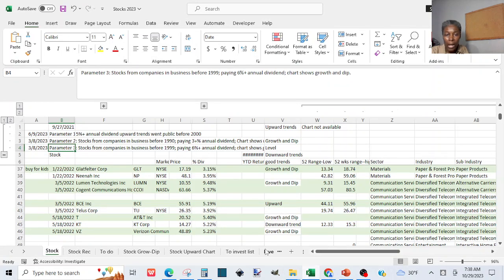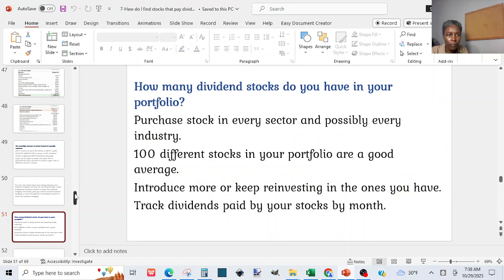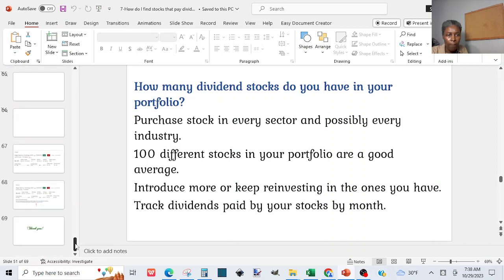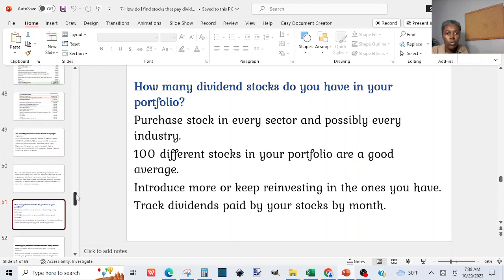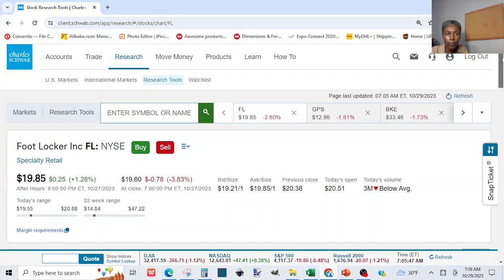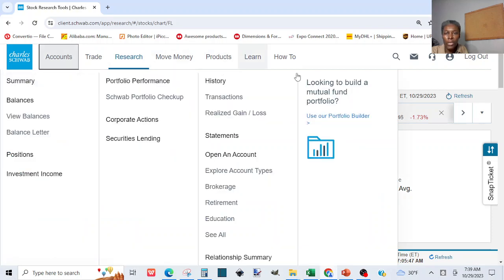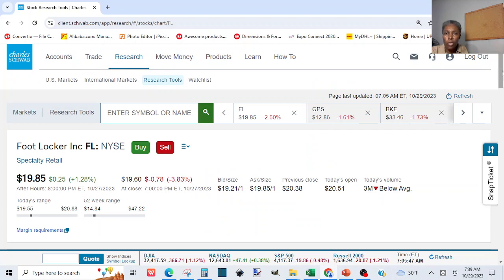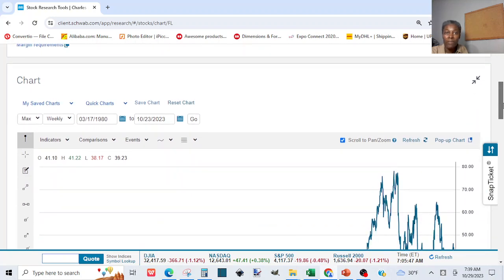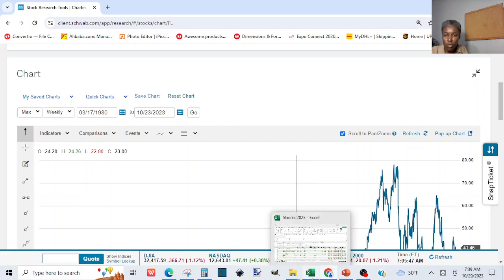So the way I like to do that is, when you go to your account, under account, when you click on summary, it will take you to your main page, and you will select the account that you are trying to create that dividend income in, and you can just find the list of your stocks there.